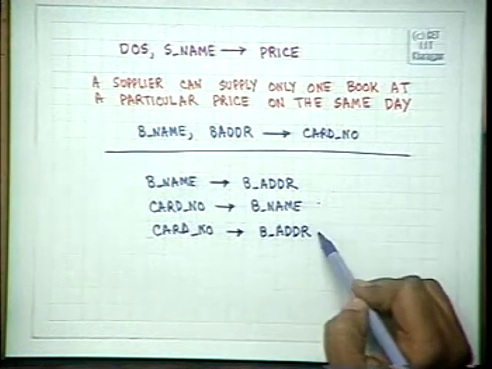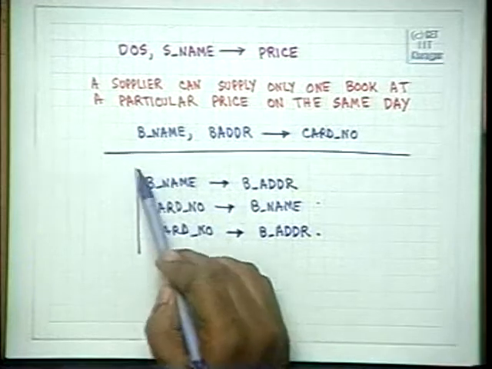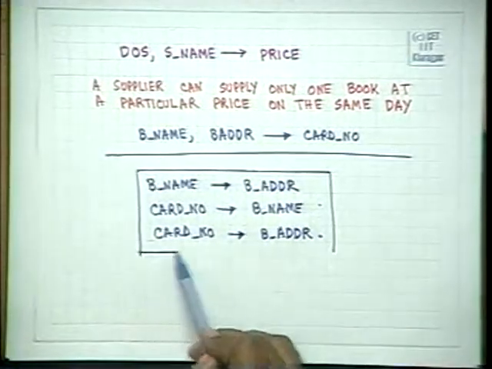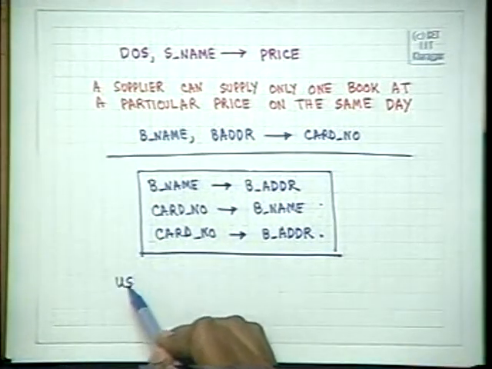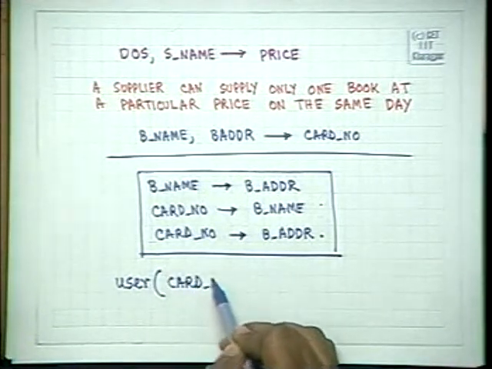This is from the primary key, but what do these three things mean in the user relation, which has user, card number?